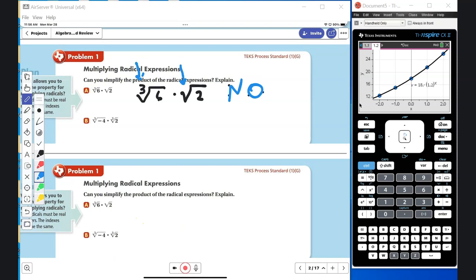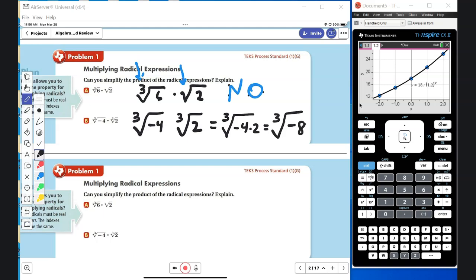In contrast to number 1B, we have the third root of -4 and the third root of 2, and you notice that both indices are the same. So what you have is the third root of the product of -4 times 2, which gives you the third root of -8.